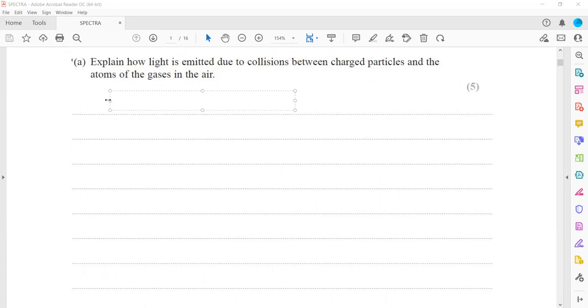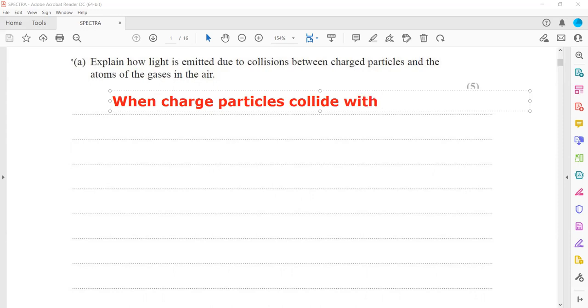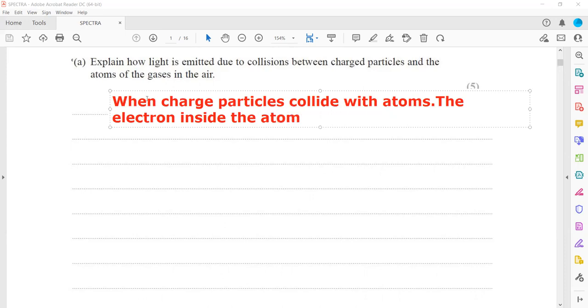So when the charged particles collide with atoms, the electrons inside the atom gain energy and jump to a higher level.